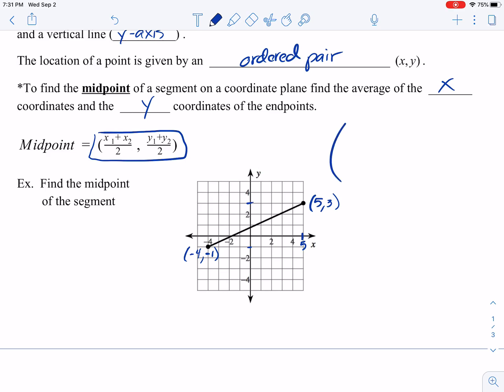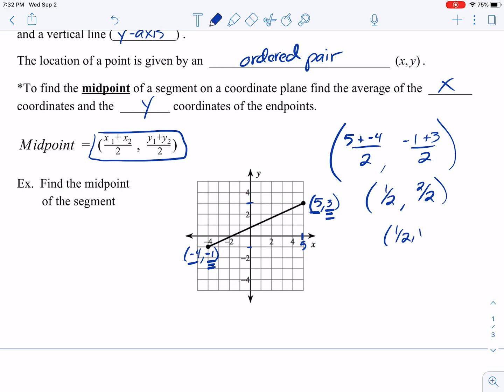So for our x's, that would be 5 and -4 divided by 2. And then for our y's, -1 plus 3 divided by 2. We get +1/2 and 2/2, which can simplify to 1.